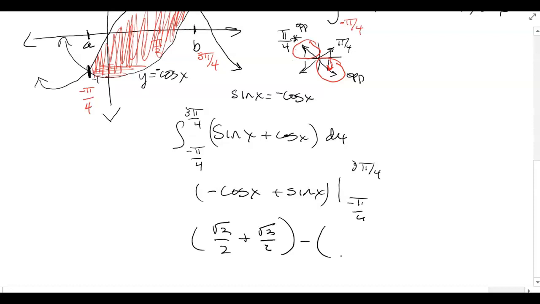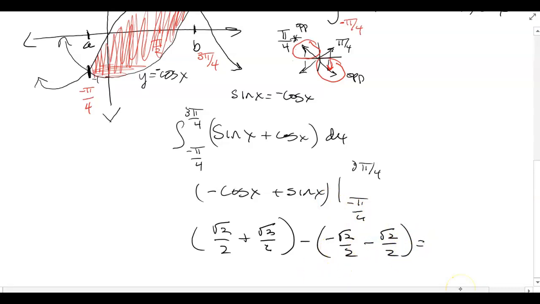Negative pi over 4 is in quadrant 4, where cosine is positive. All right? So cosine of negative pi over 4 is positive square root of 2 over 2, but there's a negative out front, so we end up writing negative square root of 2 over 2. Sine of negative pi over 4 is also in quadrant 4. Sine is negative in quadrant 4, so it's negative square root of 2 over 2.